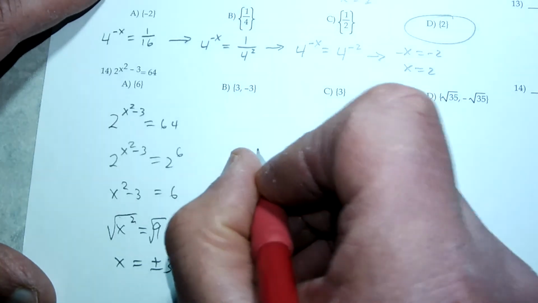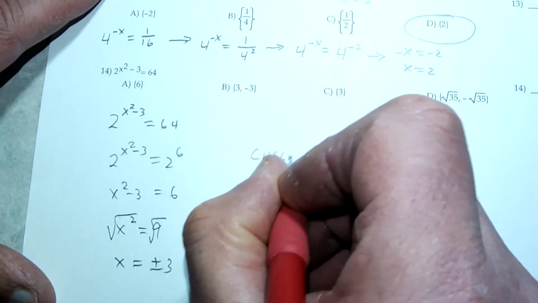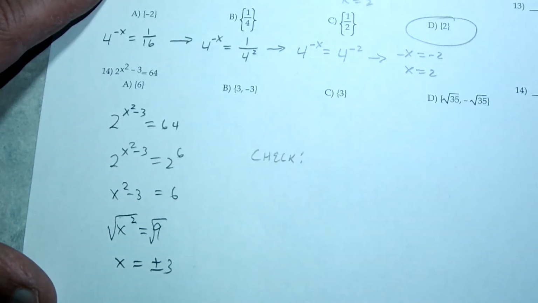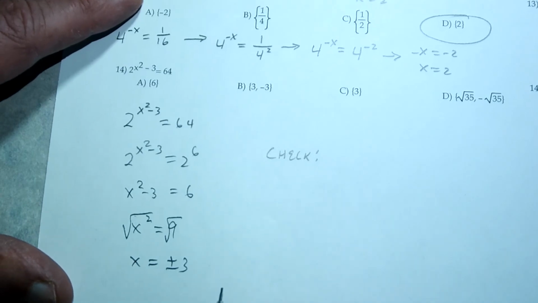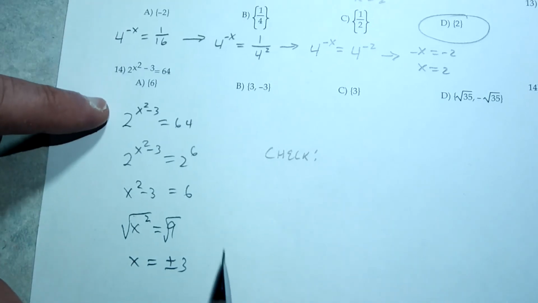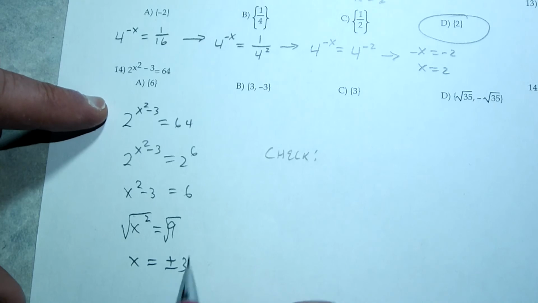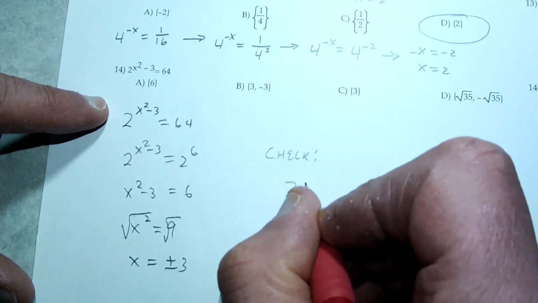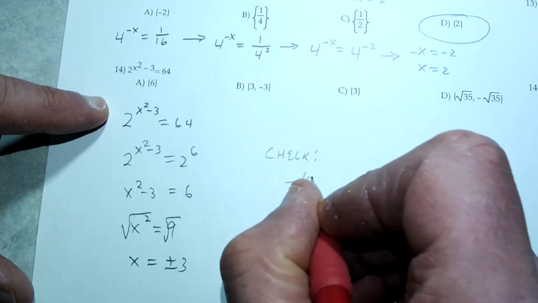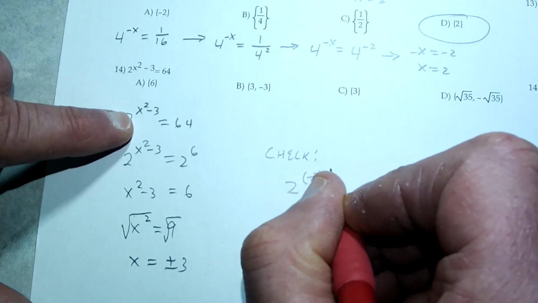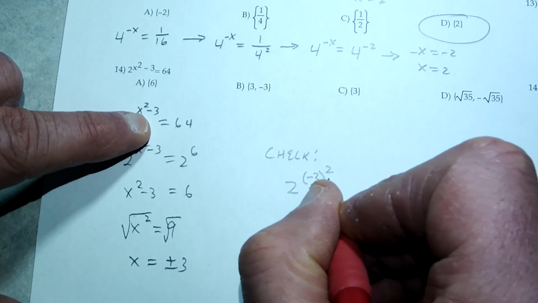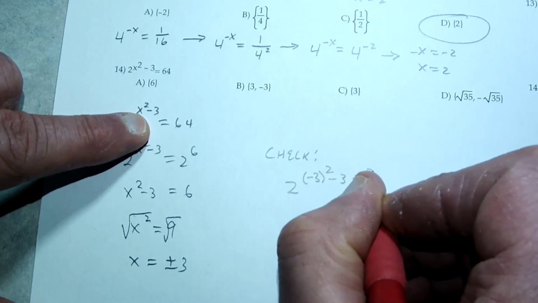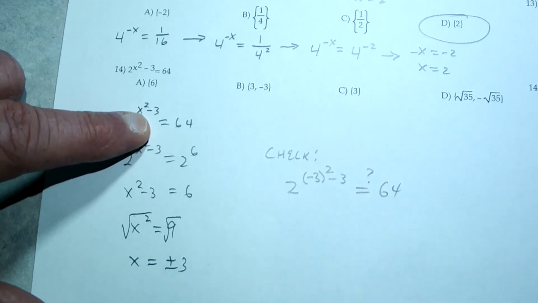So let's just do that. I didn't have much room up there, but this time I'm going to write out the check. You don't have to check every answer, but let's see if we put, for example, negative 3 into the original problem. I'd get 2 raised to the negative 3 squared minus 3. And the question is, is that equal to 64?